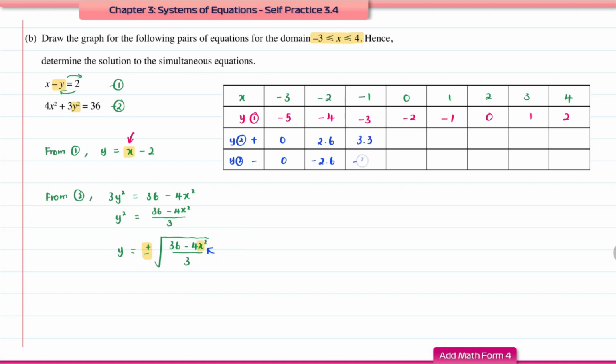Here 3.3, negative 3.3, 3.5, negative 3.5, and followed by the rest. If you put in number 4 into equation number 2, the value inside the square root will become negative. So for these two values, we just leave it blank. There's no need for you to plot it.